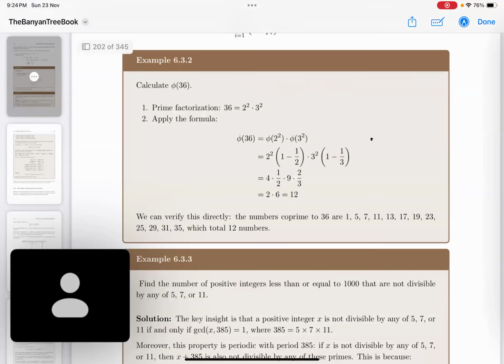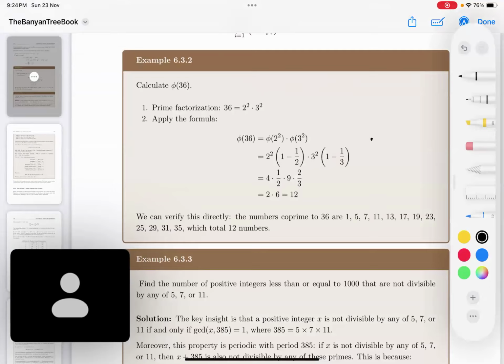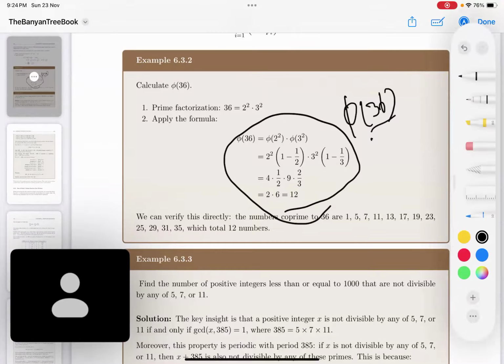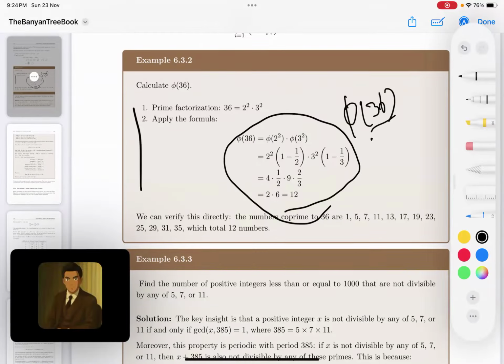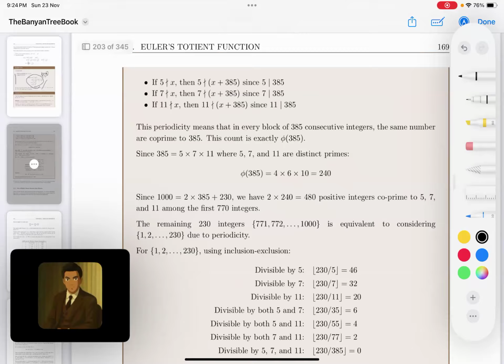So it's clear, right, that phi of 36 is this. How did we arrive at that? Clear, correct? Yes, sir. So what is not clear is this part, right?